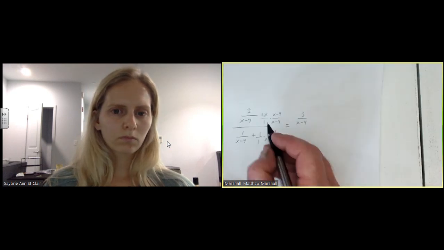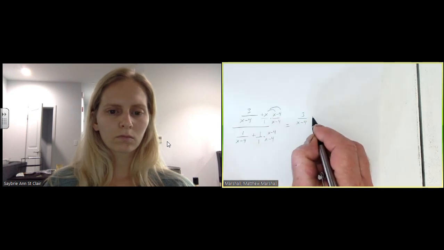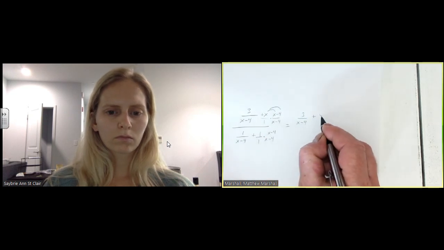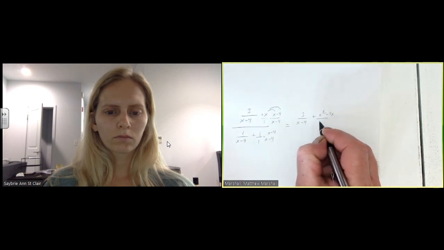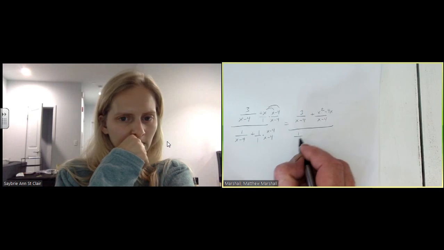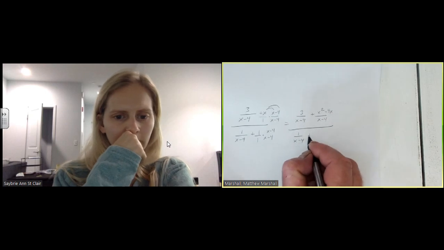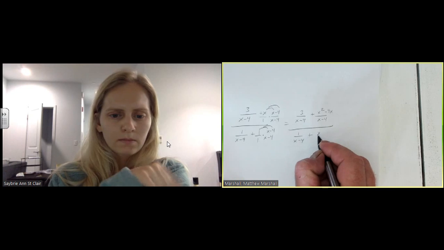And then over here I gotta distribute, and that'll give me plus x squared minus 4x. On the bottom I have this, and over here I gotta distribute, and that gives me x minus 4.